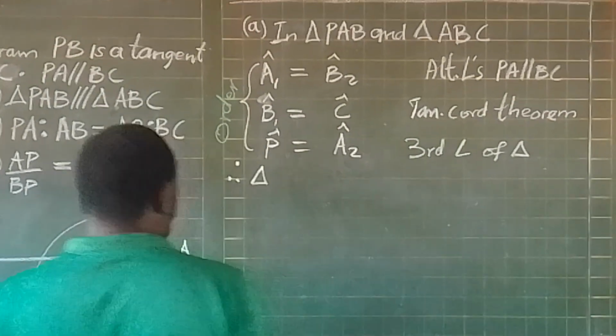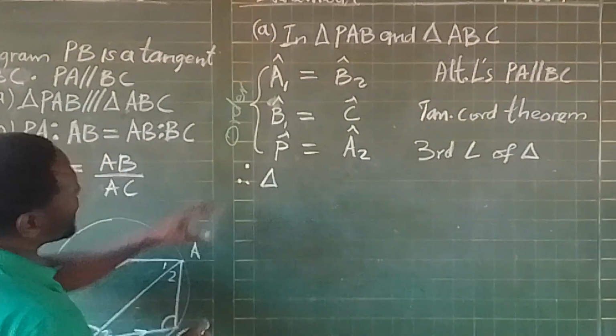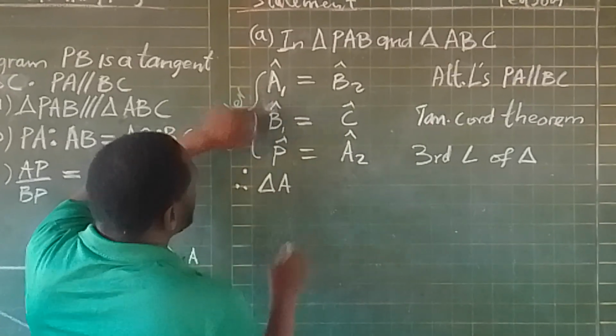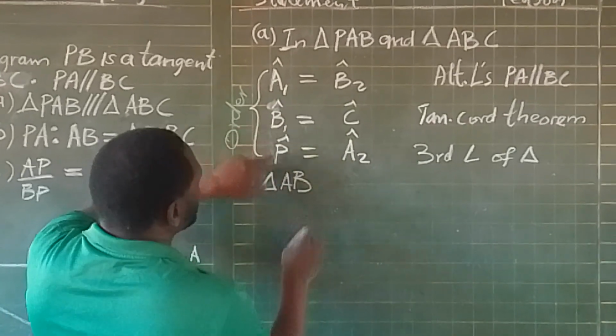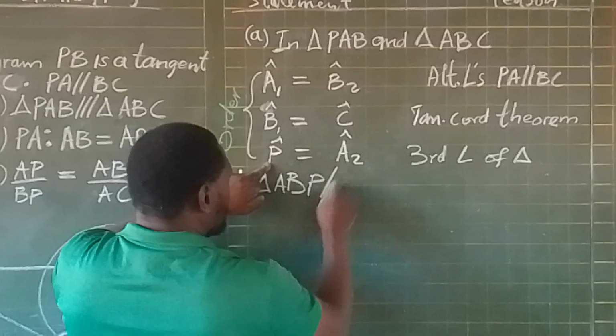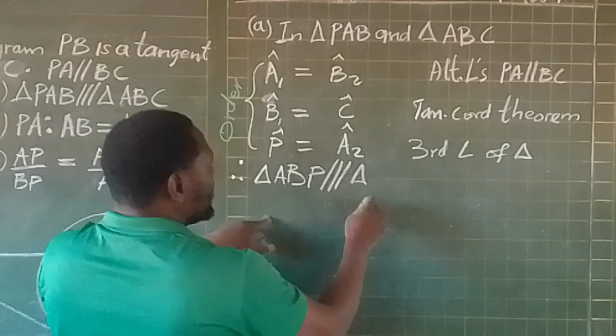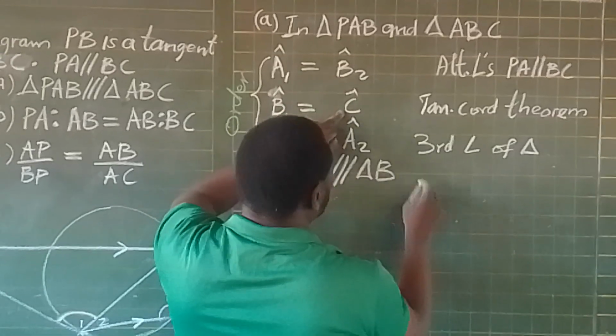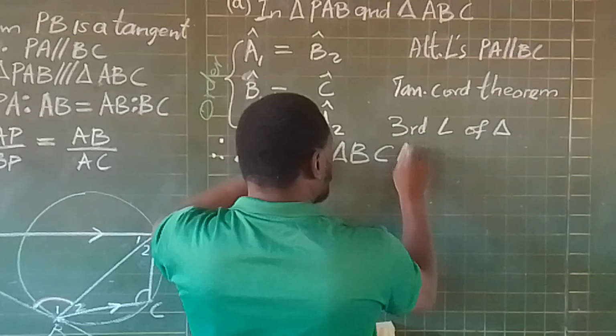This is the order that you must follow. So triangle ABP is similar to triangle BCA.